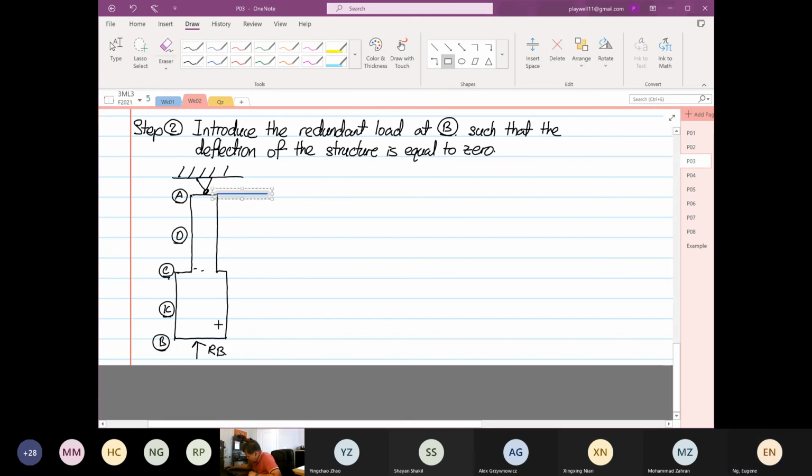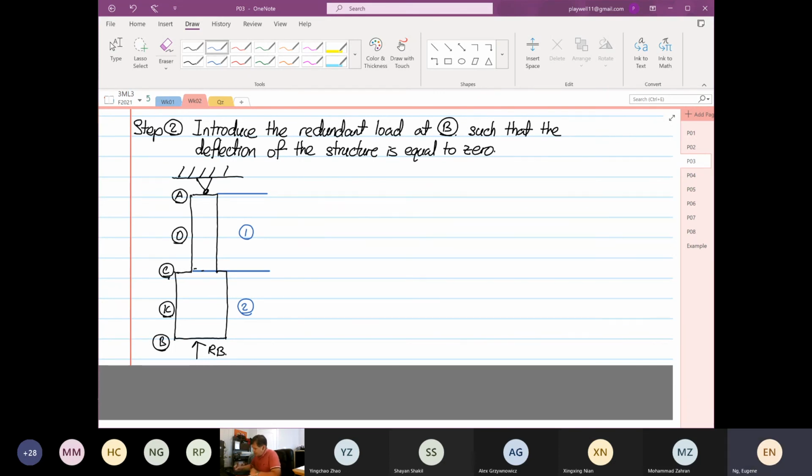Can someone tell me why it is only 2 sections? Anyone? The shape. Yes, there's only the change in geometry. One has an area of 250, the other one has an area of 400.